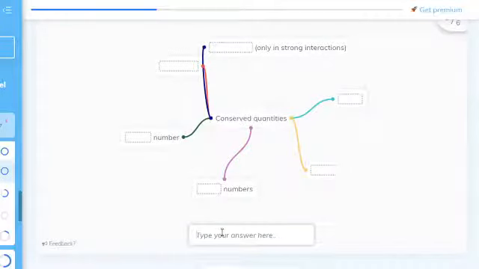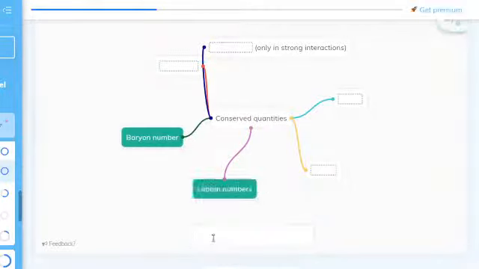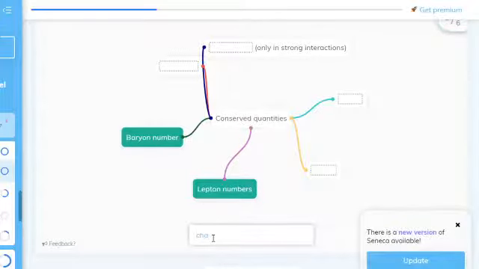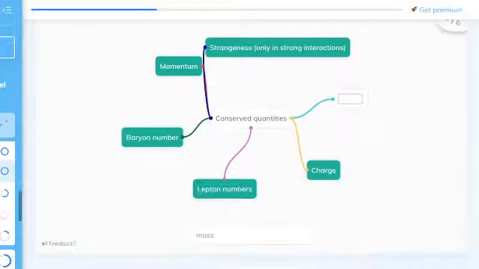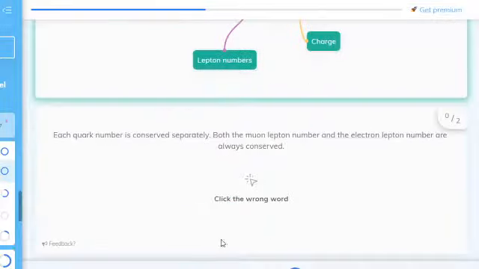So, conserved quantities: the baryon number, the lepton number, charge. I would say mass, but it doesn't come up here. Strangeness, charge, baryon number, lepton number, momentum, and energy. Each quark number is conserved separately.